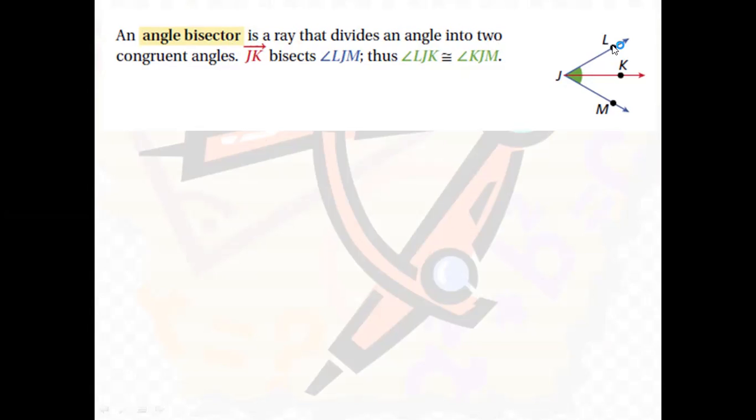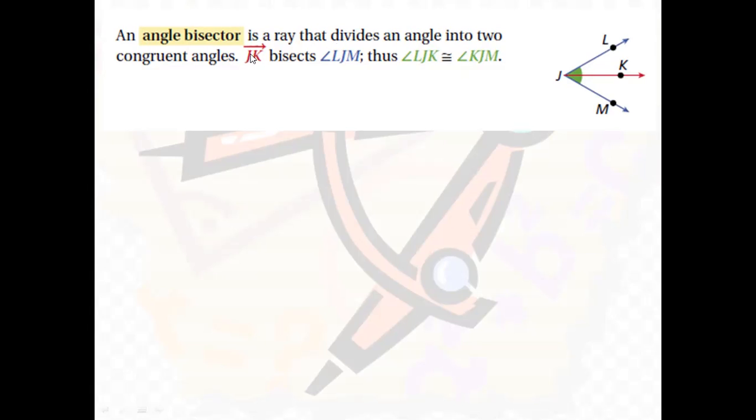You can say this angle LJM. This is an angle. But this ray is dividing this angle into equal parts. So whenever they use the word bisect anywhere, that means equally dividing into two parts. Remember it like that. An angle bisector is a ray that divides an angle into two equal angles.